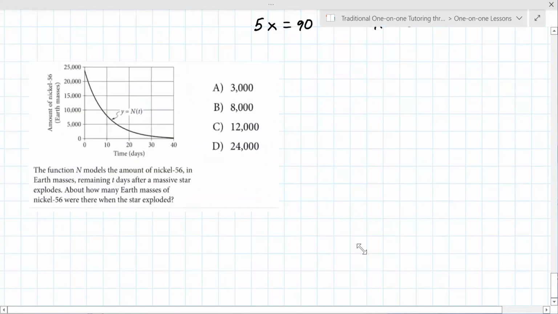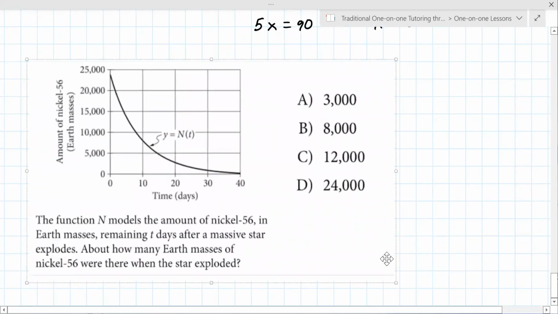We're going to move to a few more story problems, so go ahead and try this out. The function N models the amount of nickel 56 in Earth masses T days after a massive star explodes. About how many Earth masses of nickel 56 were there when the star exploded?